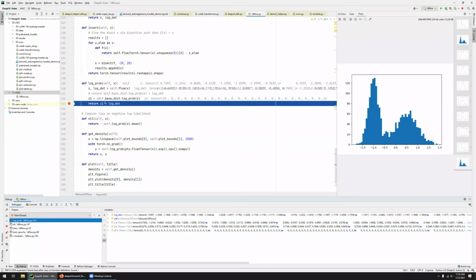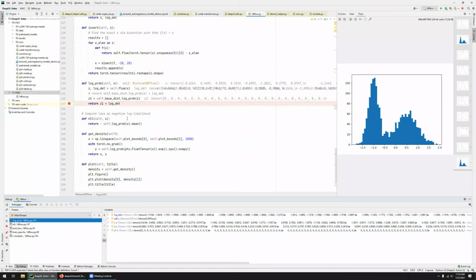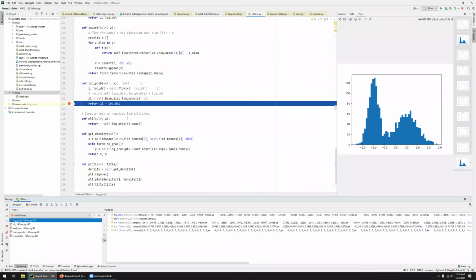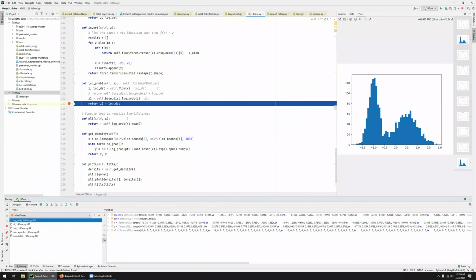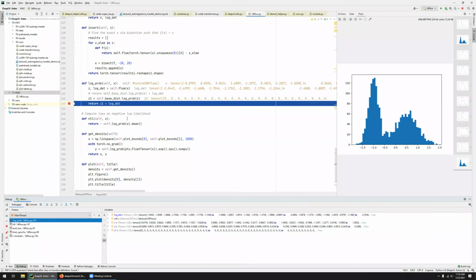No matter what I do, Z1 is always 0. I don't know if I need to iterate it enough times, but maybe it's just training time.